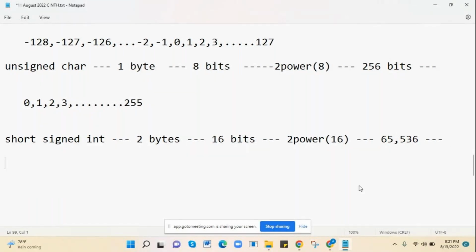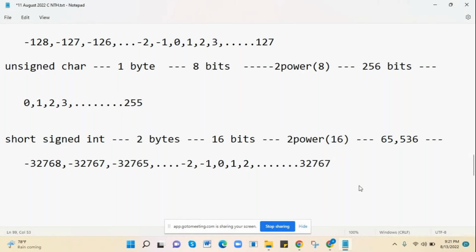So it will start from minus 32,768, minus 32,767, and so on, minus 2, minus 1, 0, 1, 2, up to 32,767.